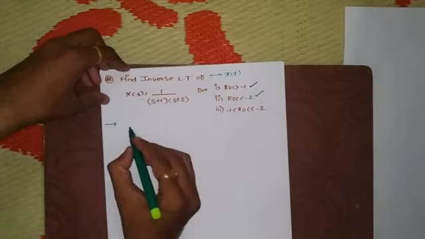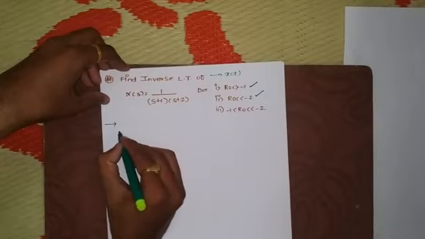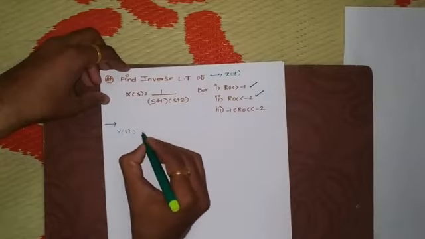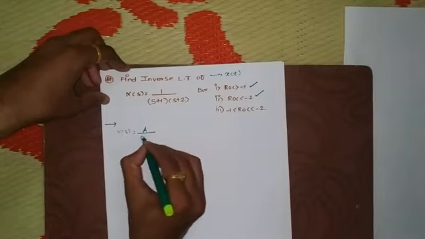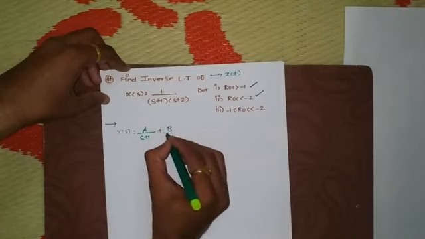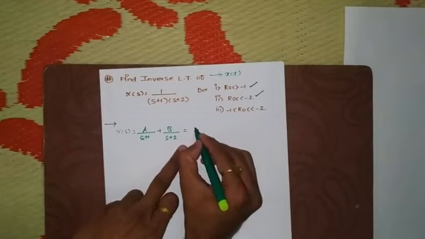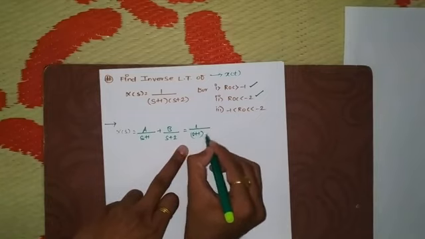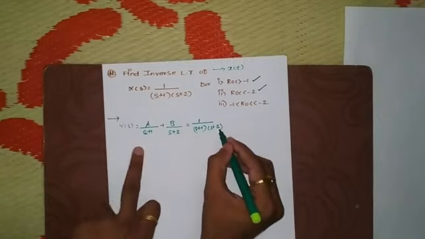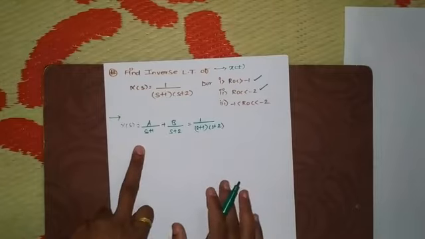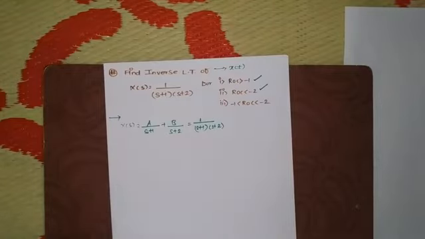So let us start. We'll apply partial fraction expansion first, so that I can write X of s is equal to A by (s plus 1) plus B upon (s plus 2), which is equal to 1 by (s plus 1) into (s plus 2). If we apply partial fraction expansion, without wasting too much time on this, I'm writing the values directly.